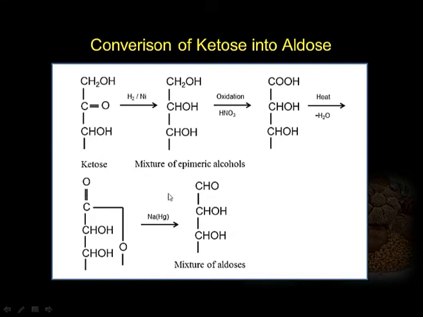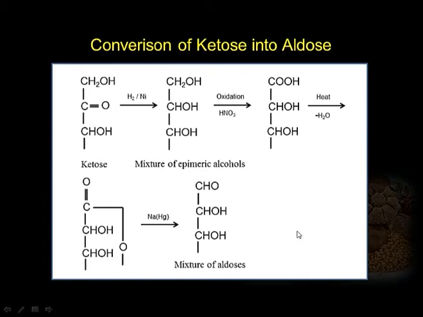But remember, when we are converting aldose into ketose, we will get one product, but when we are converting ketose into aldose, we will not get one product only, we will end up with a mixture of aldoses. So, these are the methods for interconverting ketoses into aldoses, and these were some important reactions which we come across in the carbohydrate chemistry.